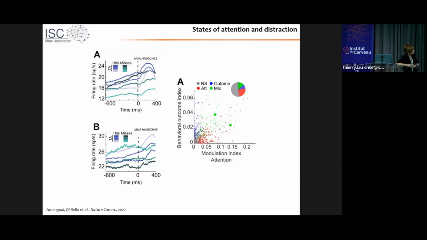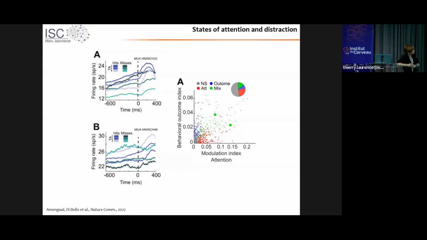At the population level, what I'm plotting here is a modulation index for attention for each cell recorded, and an index of behavioral outcome. So 0 for each index would be high modulation by attention or behavioral outcome. Higher levels would be high modulation by each of the two variables.